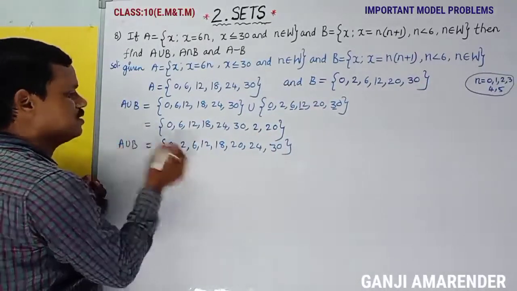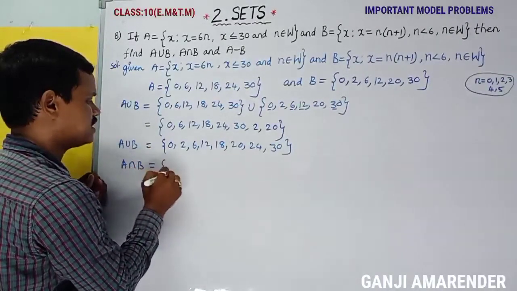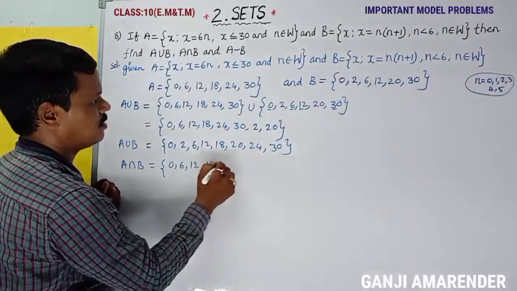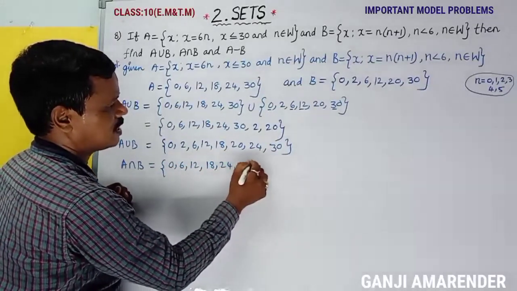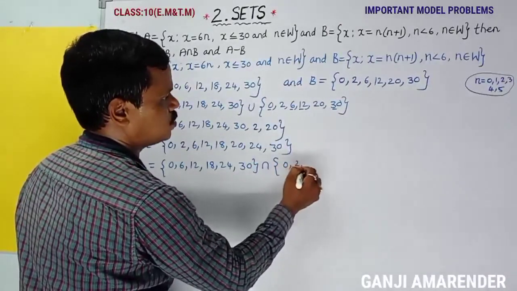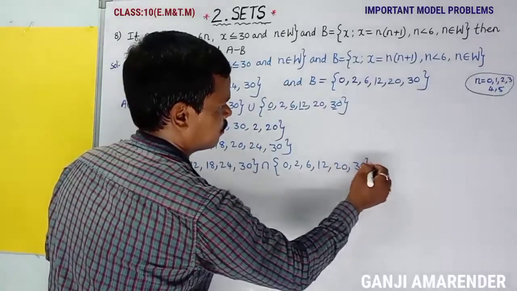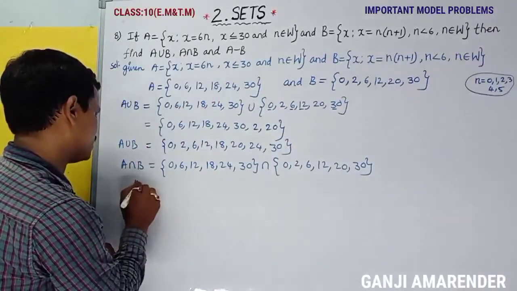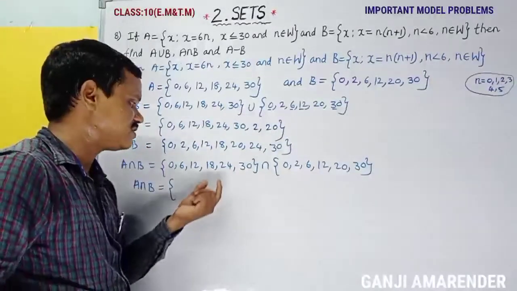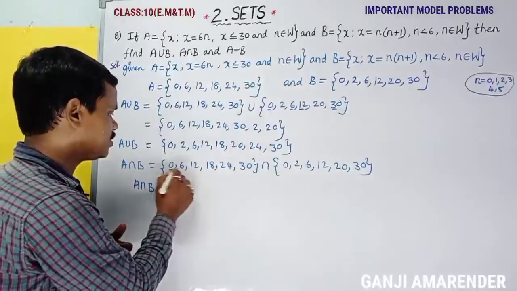A union B is equal to this one. Next, A intersection B. Write set A: 0, 6, 12, 18, 24, 30. What is set B? 0, 2, 6, 12, 20, 30. A intersection B means write the common elements of set A and set B. Common elements of set A and set B are the elements of A intersection B. So what are the common elements? 0.